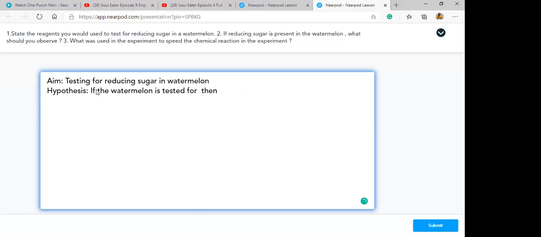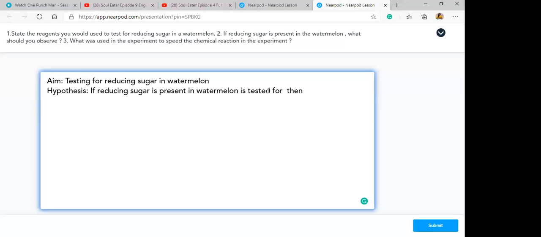If reducing sugar is present in watermelon, because remember, we're testing to see if reducing sugar is present in watermelon, right?